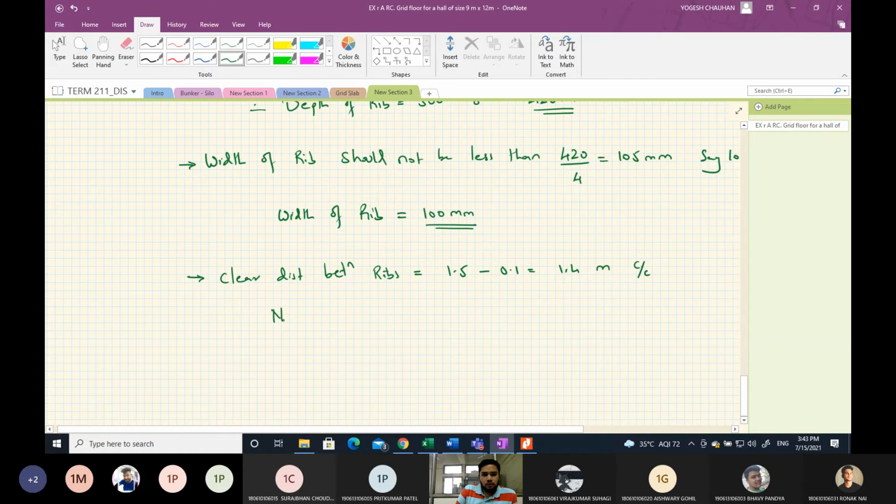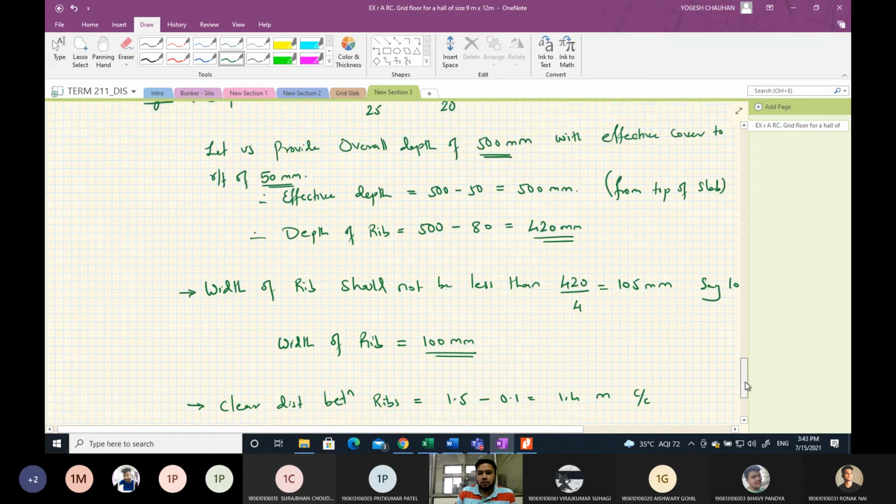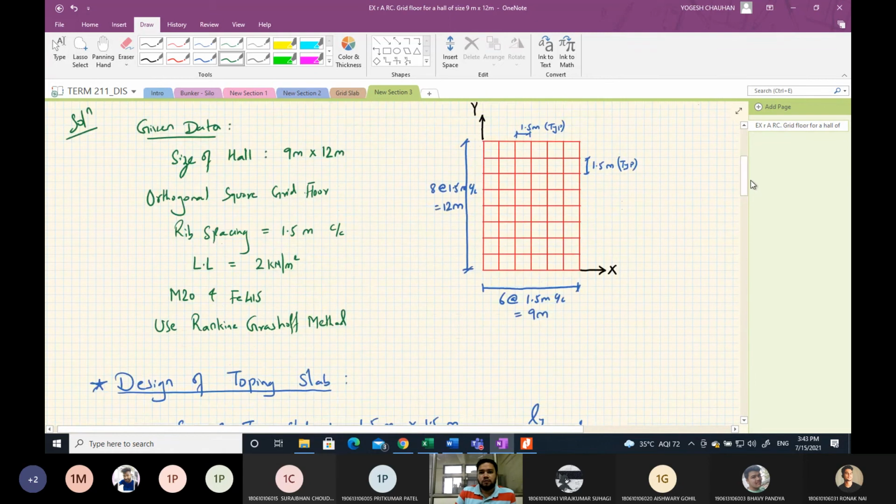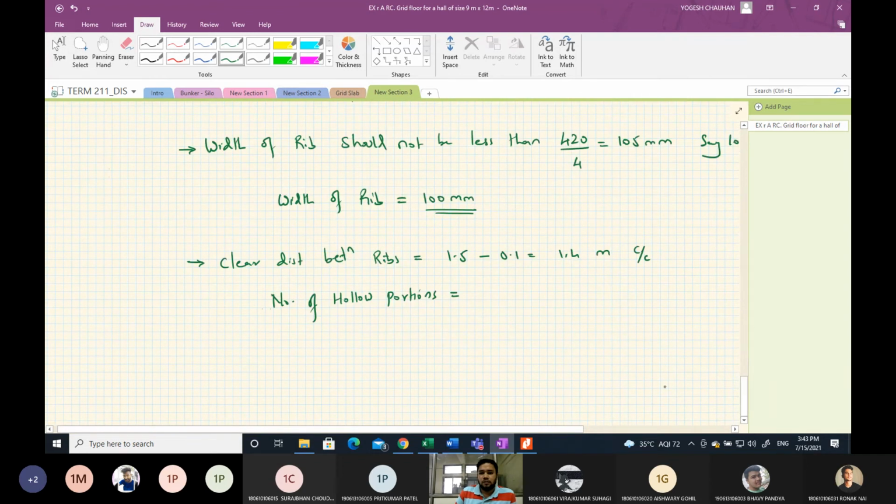And also the number of hollow portions will be equal to the number of grid lines, 6 in this direction and 8 in this direction, so it will be 6 into 8.